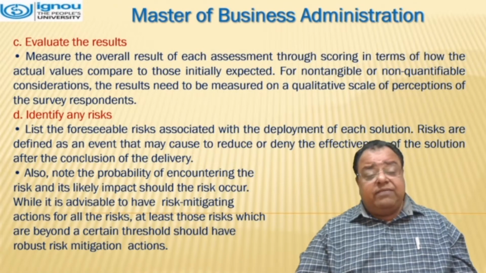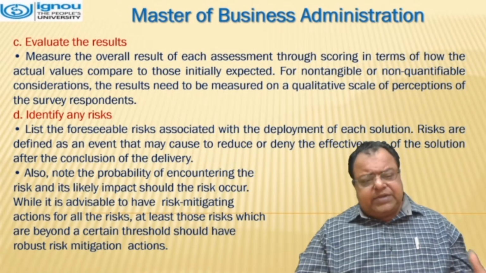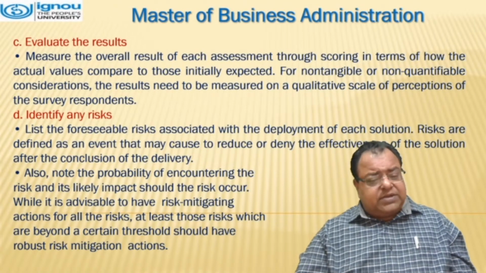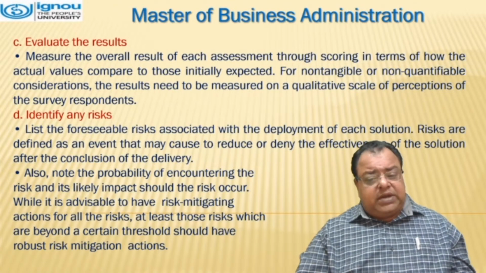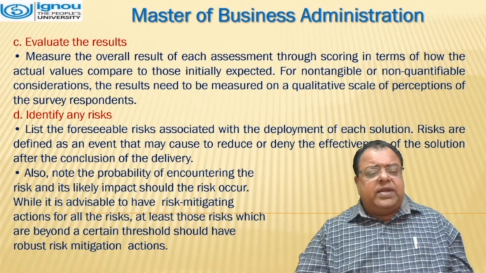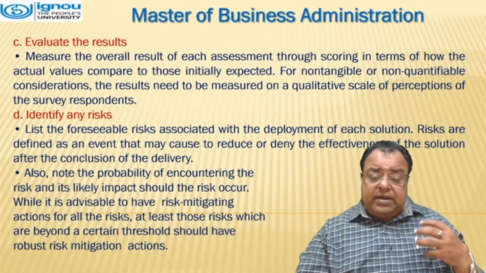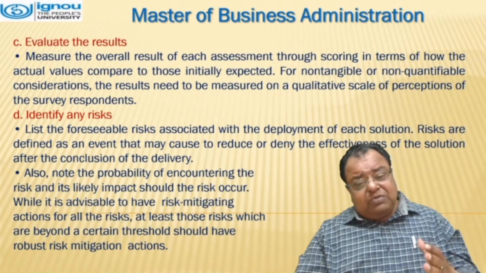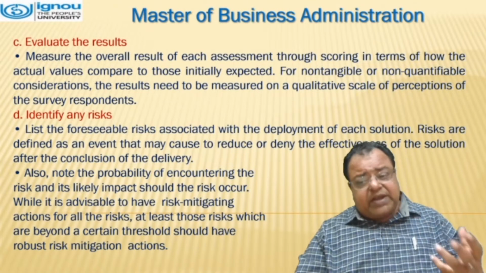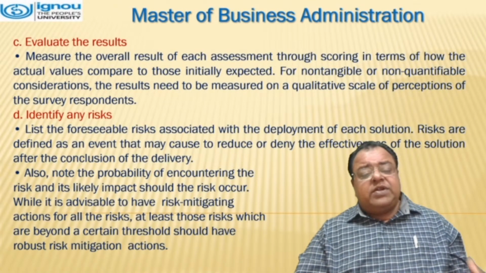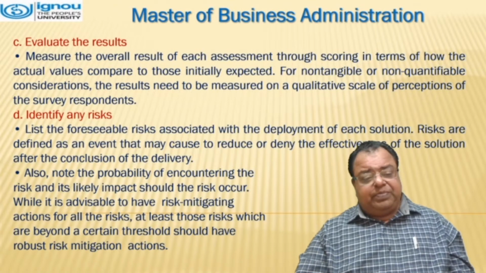Fourth one is identify any risk. List the foreseeable risks associated with the deployment of each solution. Risks are defined as an event that may cause to reduce or deny the effectiveness of the solution after the conclusion of the delivery.